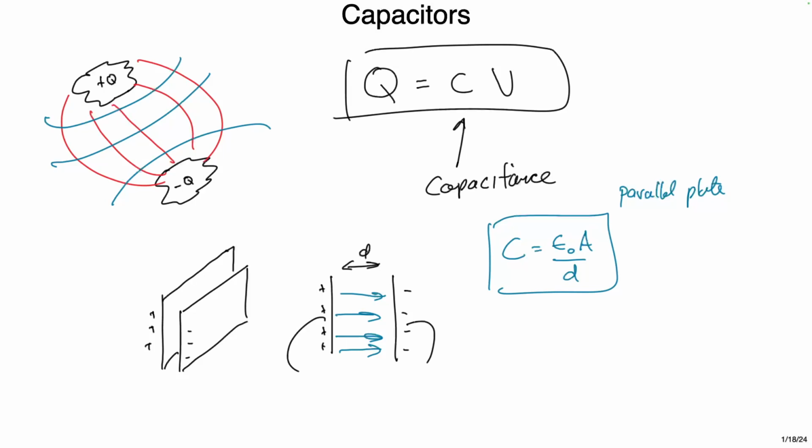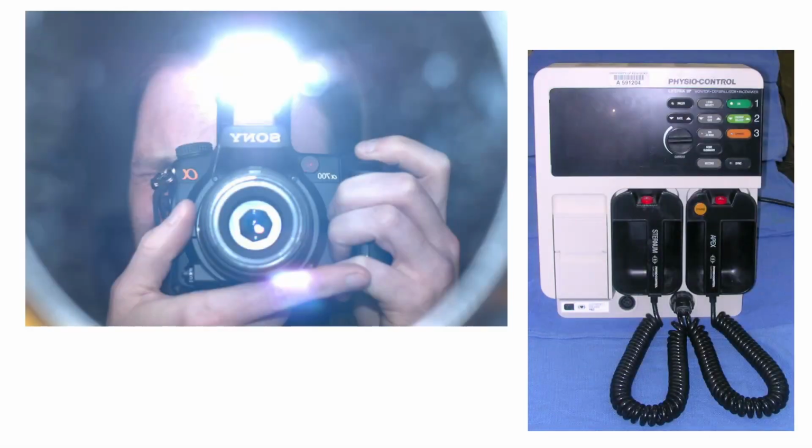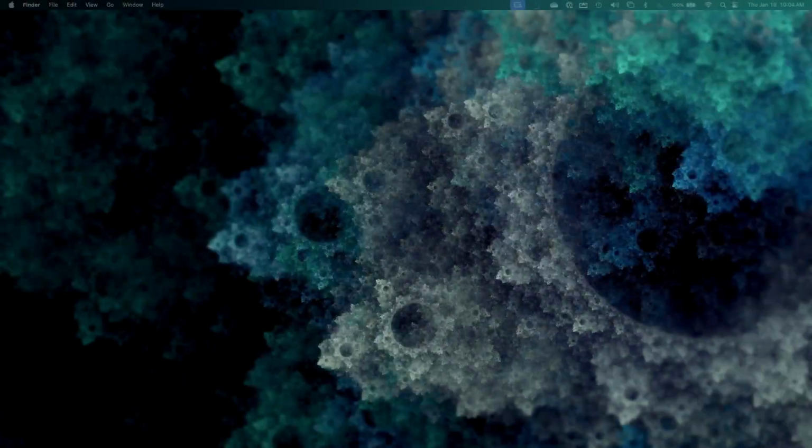So we can take advantage of this idea that capacitance is a function of the physical parameters of the object, the area of the plates and the distance between them, to change how much charge we can put into things. And so what I'd like to do right now is another quiz, seeing if you can tease out the relationships between all these things.